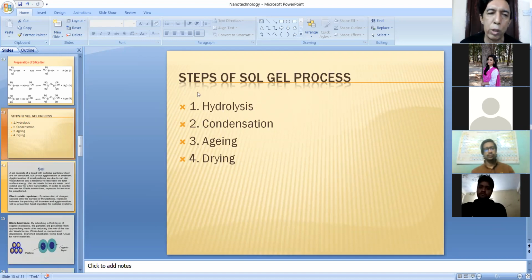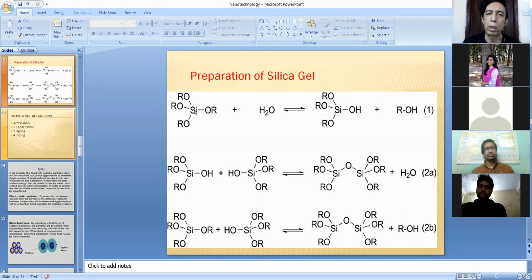I have shown you a reaction. This is the reaction. This is hydrolysis. This is an alkoxy group, which may be a methoxy group or ethoxy group. If it is a methoxy group, then the name of this compound is tetramethoxysilane.